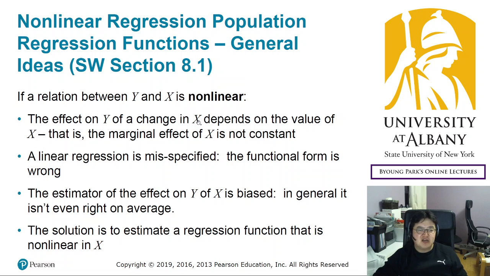So the effect of additional income depends on the value of the existing previous income. If I'm a billionaire, an additional $1 is nothing. But if I'm homeless, then $1 must be very valuable to me. So the marginal effect is not constant anymore. The slope may change at different points.